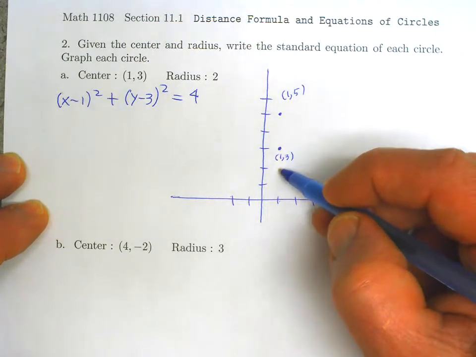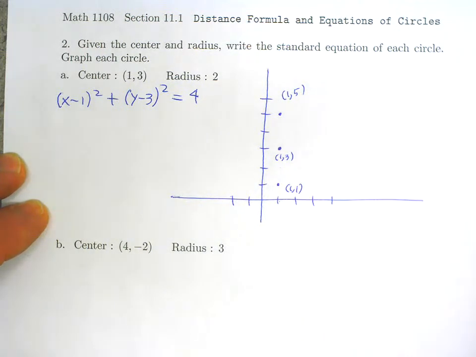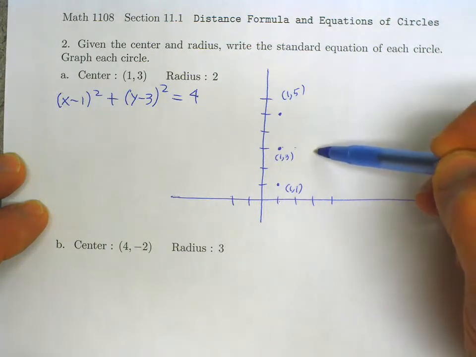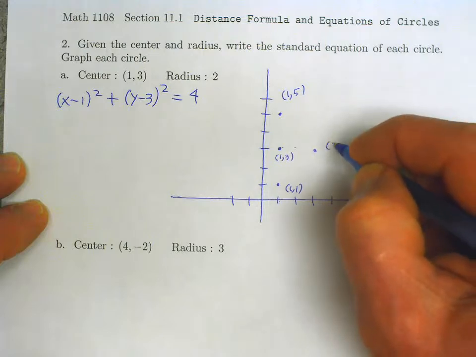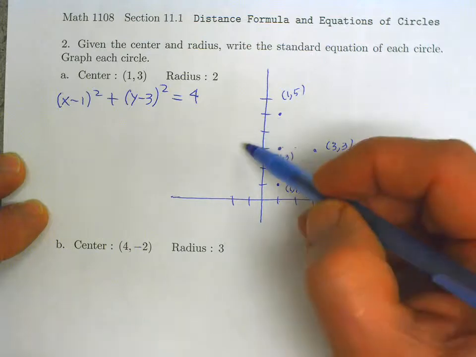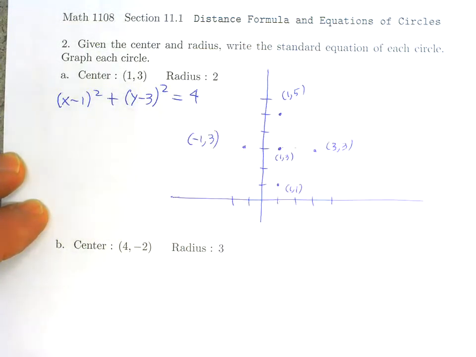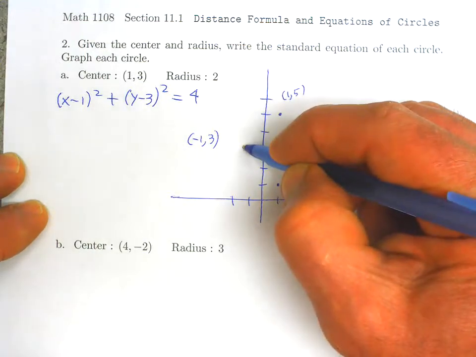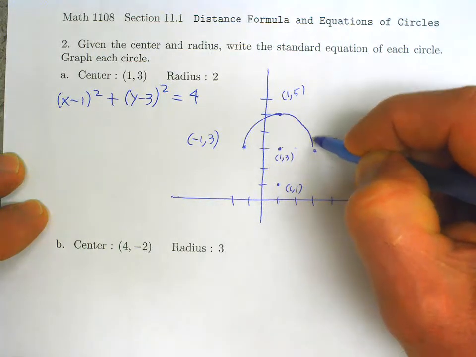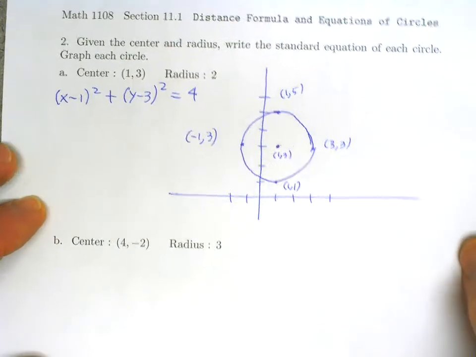If I move vertically down, this point is (1, 1), that's a point on the circle. From the center, if I move to the right 2 units, this point is (3, 3). And then from the center, if I move to the left 2 units, this point is (negative 1, 3). And then connect the points on the circle. Try to graph a circle. So that's, you get the idea.